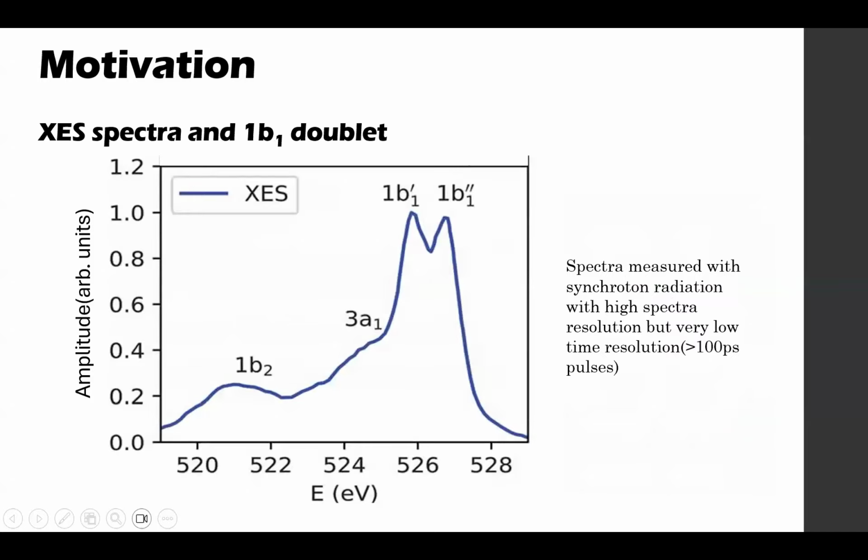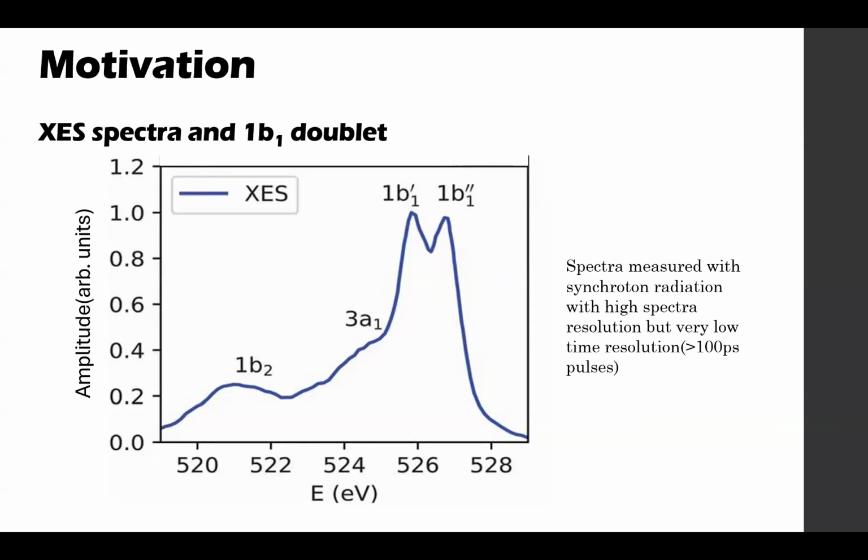So in case of XES, basically the history of XES, this is the XES spectra that was found, and in the XES spectra we have the emission peaks due to the 1b2 molecular orbital, due to the 3a1 molecular orbital, and in case of the 1b1, where we should find a single peak, we rather got a doublet, two peaks, and that was the reason for the dilemma.